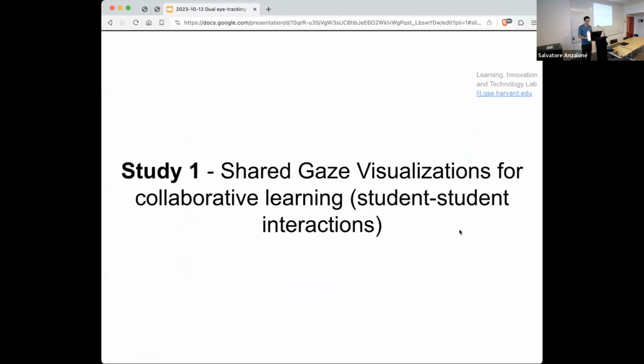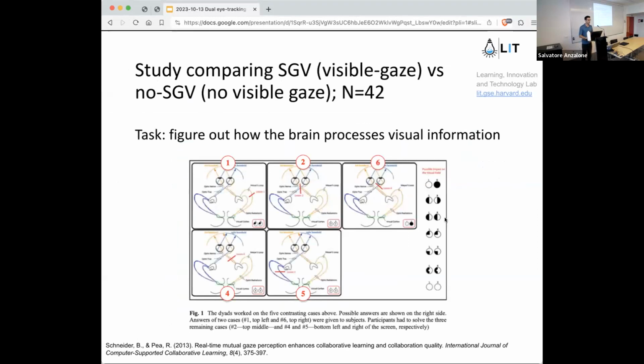So we use this in one study where we had two students work together. Their goal was to learn about the human visual system. Basically, you had to analyze the set of contrasting cases, telling you how the brain processes visual information. And the idea is that the left side of your brain processes the right side of your visual field and vice versa.